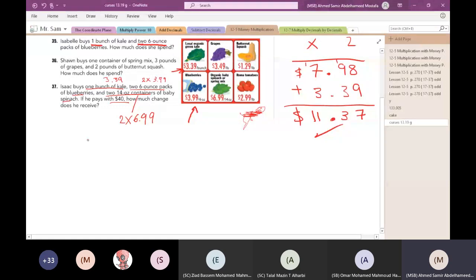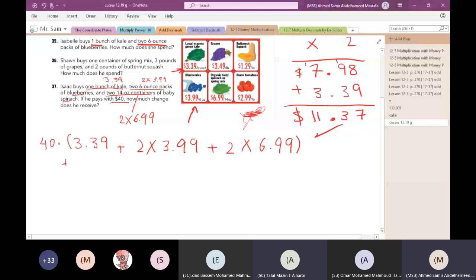The whole thing would be 3.39 plus 2 times $3.99 plus 2 times $6.99, right? And all this should be subtracted from what he pays, which is 40. So this would be 40 minus this.